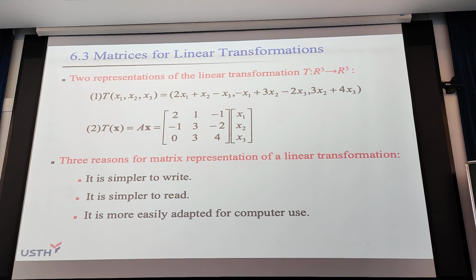You don't need to write that thing. It is simpler to read, obviously, but most importantly, it is easily integrated into an algorithm for a computer. So that is the reason why people want to write any linear transformation in the matrix form like that.